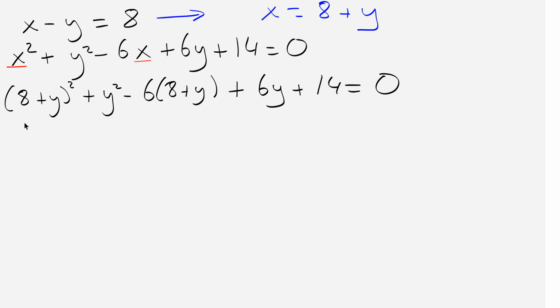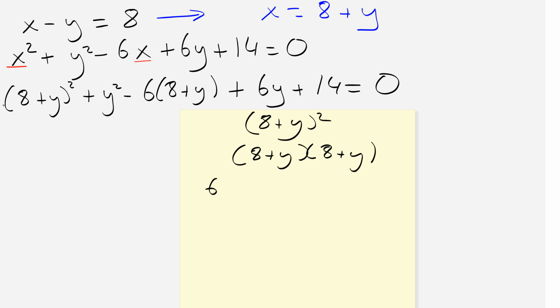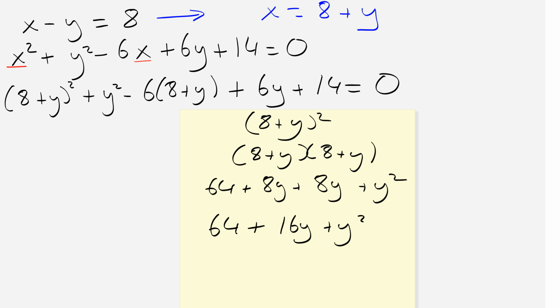So same again, we're going to expand these brackets. So I go to my rough work to do that, just to keep the page tidy here. So let's have a look. We've got 8 plus y to be squared. We know that that means 8 plus y multiplied by itself. So you're going to have 64 plus 8y plus 8y plus y squared. In other words, 64 plus 16y plus y squared.